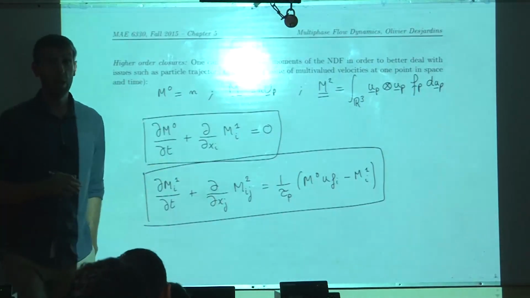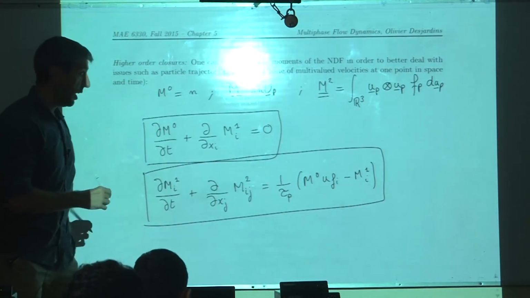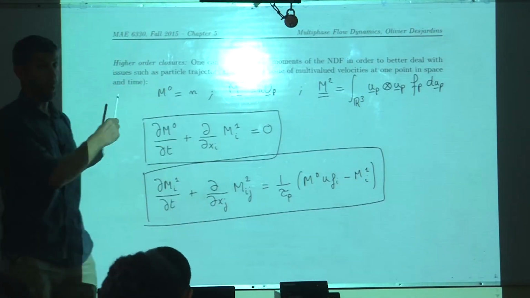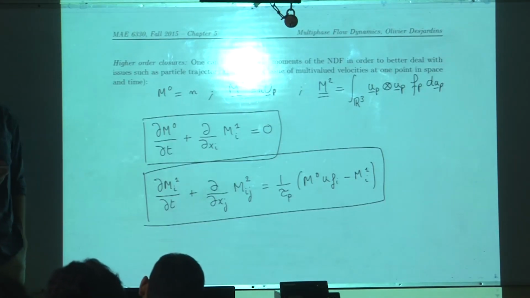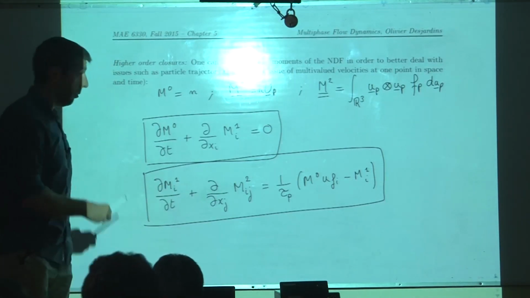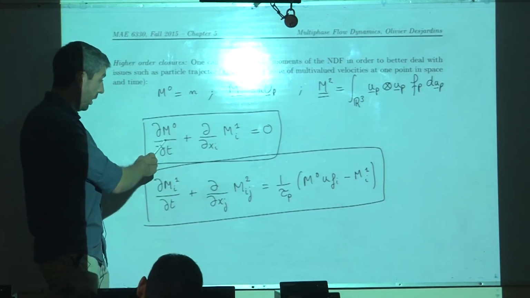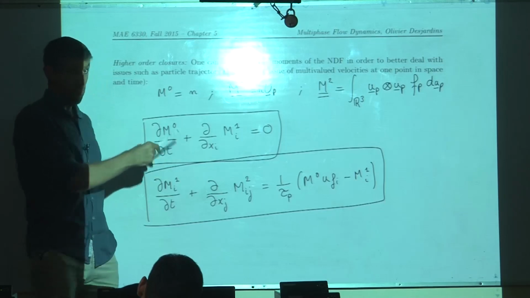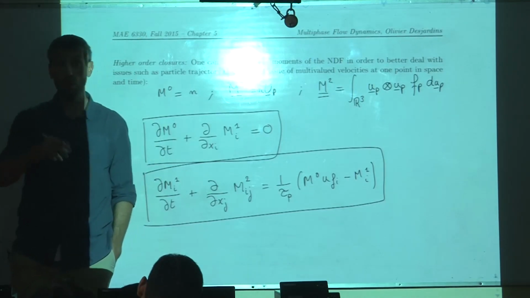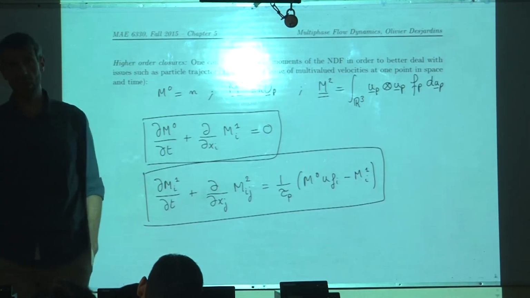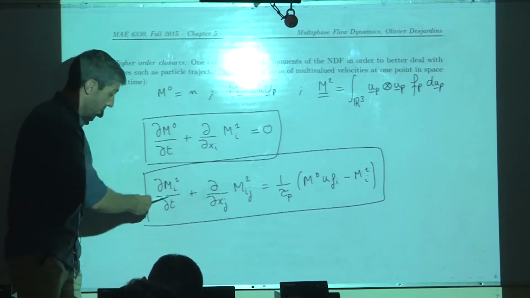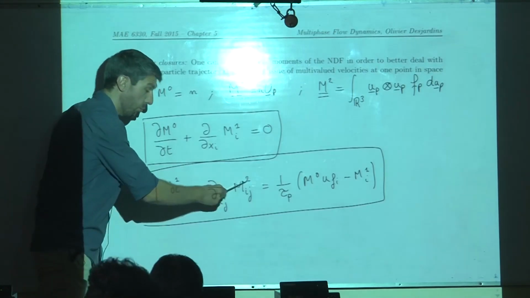So on the previous page we were assuming that we have a single velocity, in which case you can rewrite this like that. But in a general sense, every time you write an equation for a moment of order n, you would see the divergence of the moment of n plus 1 show up in your equation. Moment of order 1, divergence of moment of order 2.